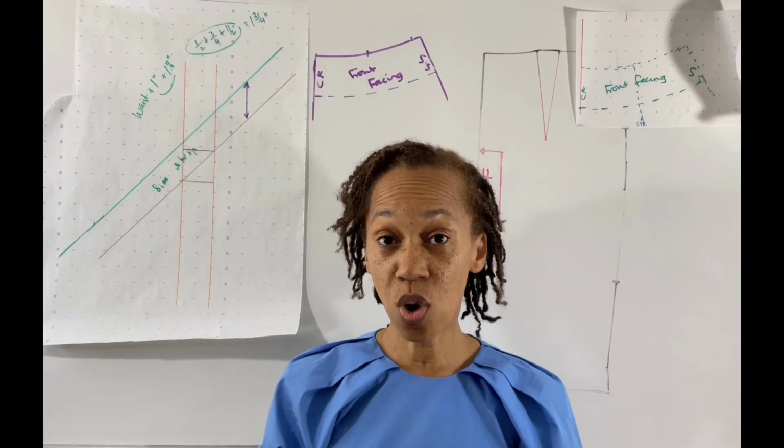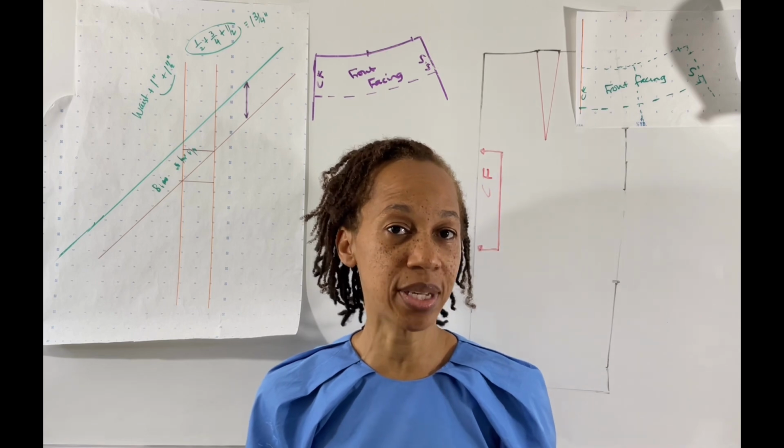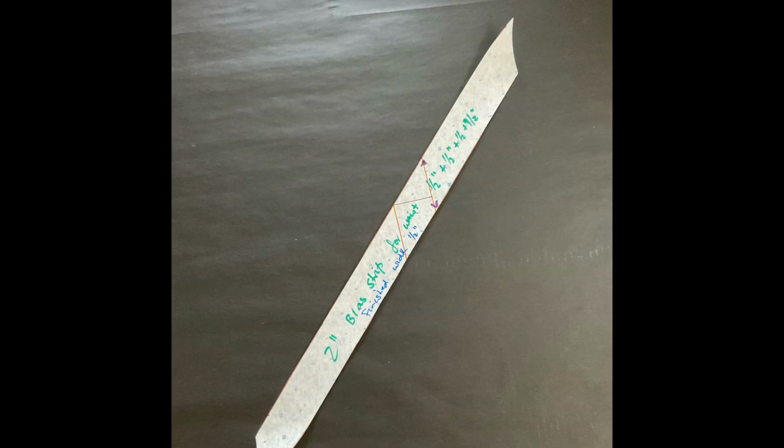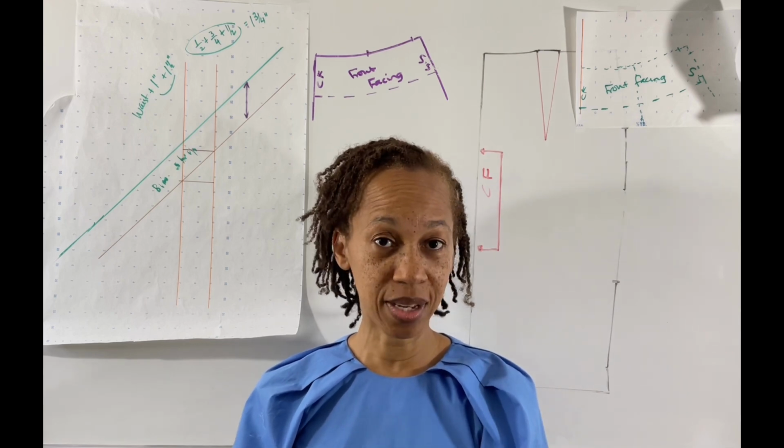So those are the two options that you have when you don't want to use the standard rectangular waistband. You can either use a self-facing or you can use a self-made bias binding to clean finish that waist area of your garment.